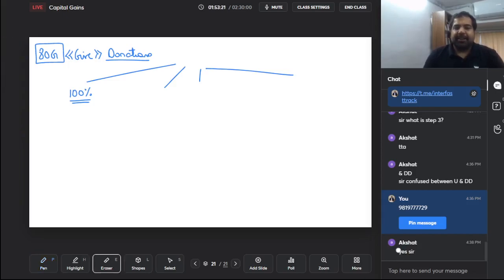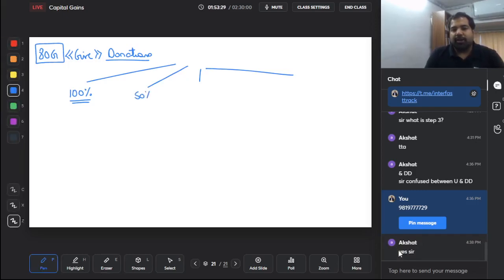In the second category, this magic, guys, if you donate 1 lakh, you will only get 50% deduction. Yes, this is shocking. In the third category, again, if you donate, you get 100% deduction. And in the fourth category, again, if you donate, you get 50% deduction. So how do you remember, guys? 4 categories, and it's like a seesaw: 100%, then 50, then 100, then 50.